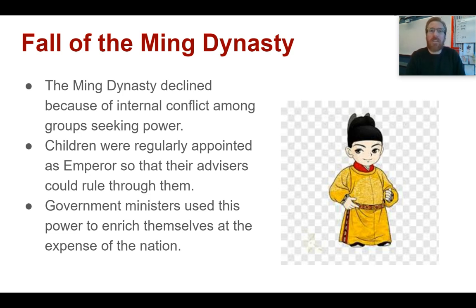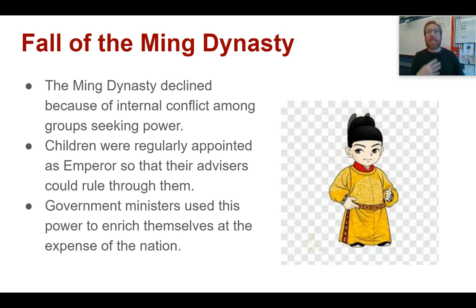And one of the strategies these groups had used were helping promote to the highest position, the emperor, children. People who are too young to rule. And if they are too young to rule, the empire itself is really controlled by their advisors. The advisors who then rule through that child emperor.